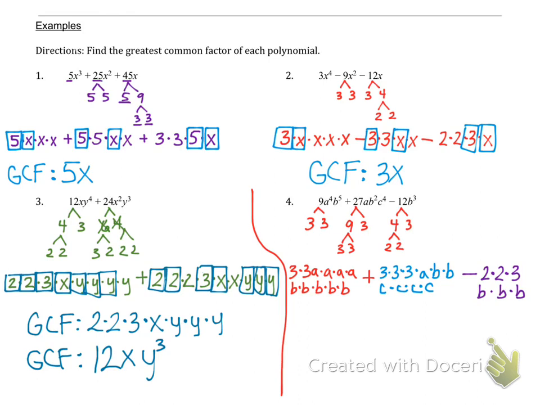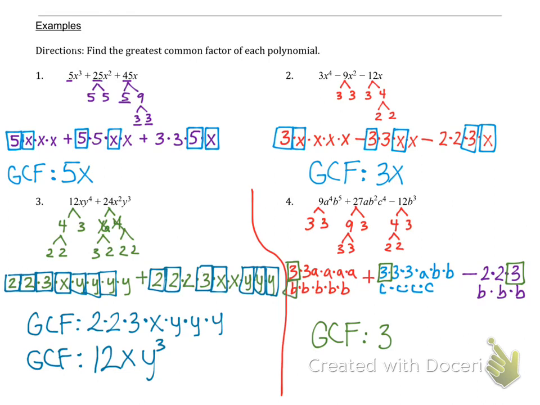So now I'm going to look and see what's in common in each of these, and it looks like they all have a 3. So I have 1 3 in common. So for our greatest common factor, we have 1 3. And it looks like we don't have any A's in common. So let's look at our B's.